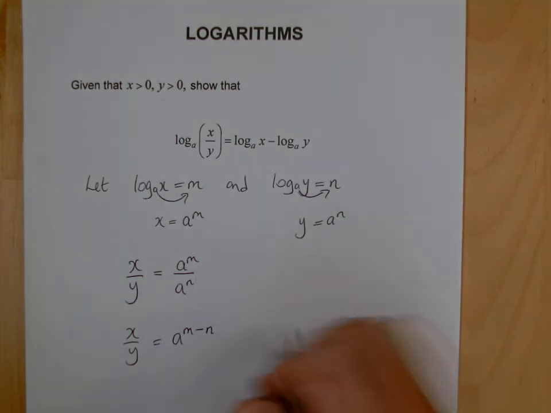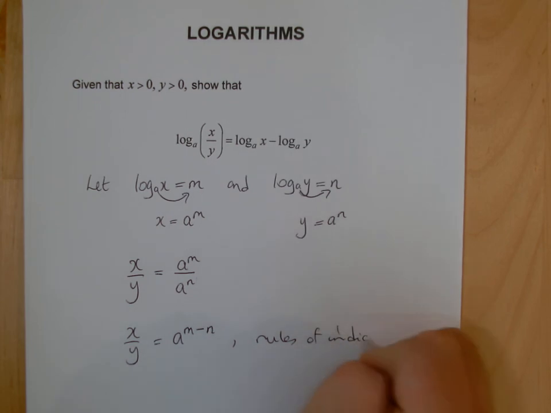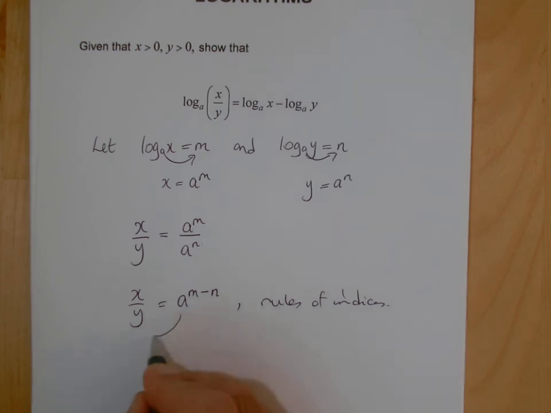You subtract the powers, and I can write down here why I've done that, because of the rules of indices. And then just think what I've got here. Well, I've got x over y equals a to the power m minus n. Now, suppose I want to work out that power. Well, I'd use a logarithm, wouldn't I? I'd take that base over the other side, and it would create a logarithm.